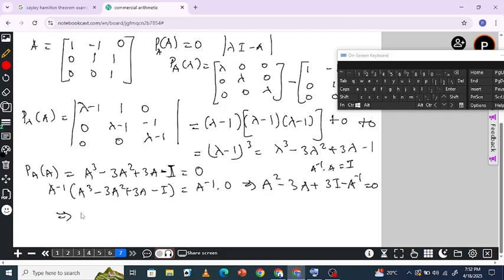We have to make A inverse the subject. We are making A inverse the subject.